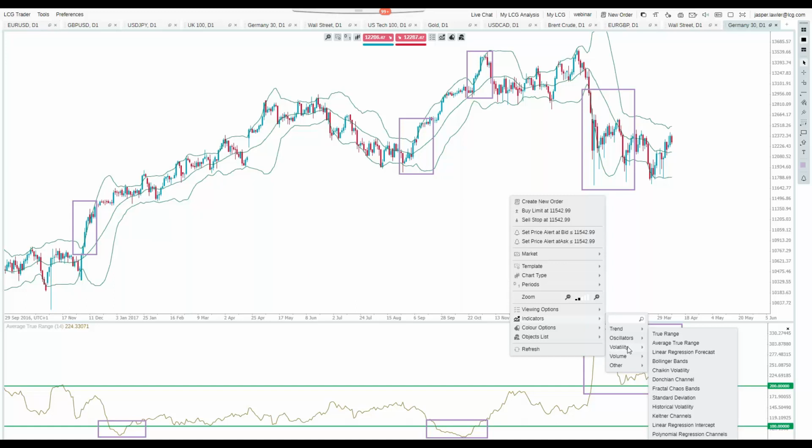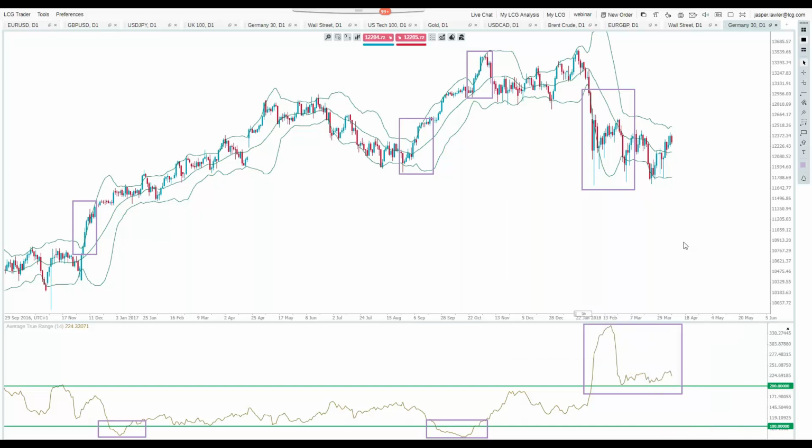Helpfully enough, for a trending environment you're using trend indicators, oscillators typically for a more range-bound environment, volatility to judge volatility, volume to judge volume, and then things that don't fit in any of those categories. So then you can see the Bollinger Bands there, and average true range is there. I've just left them as the default settings.